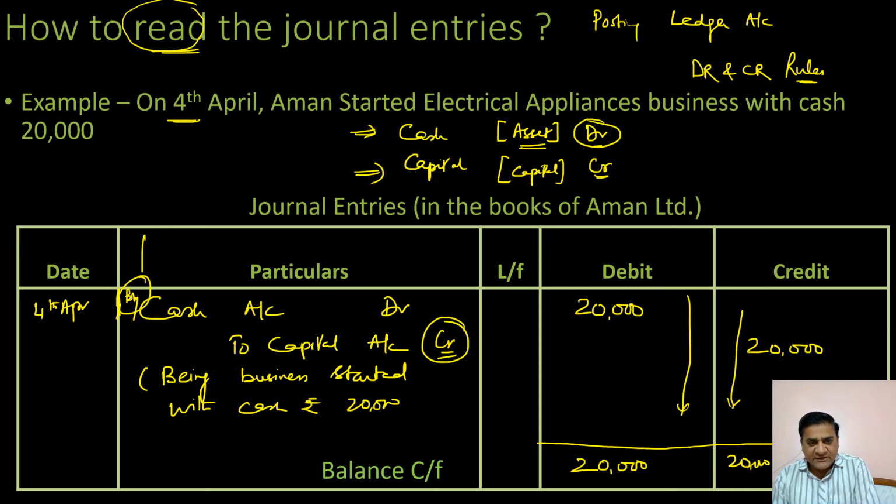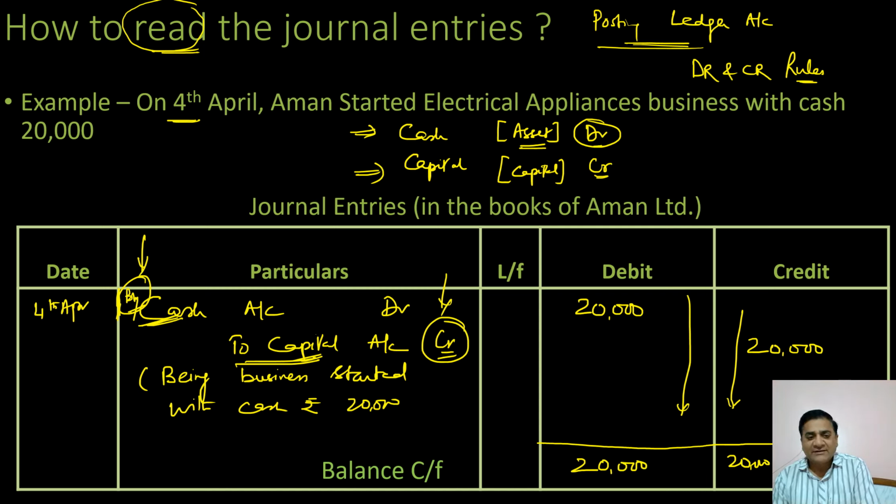If we understand these two terms, the posting to the ledger accounts would be very easy for us. For example, in this case, if it is mentioned by cash account, it means in the capital account I would be writing by cash, and in the cash account I would be writing to capital. The format is you need to write only cash account debit to capital account, but the way we need to read it is a bit different.